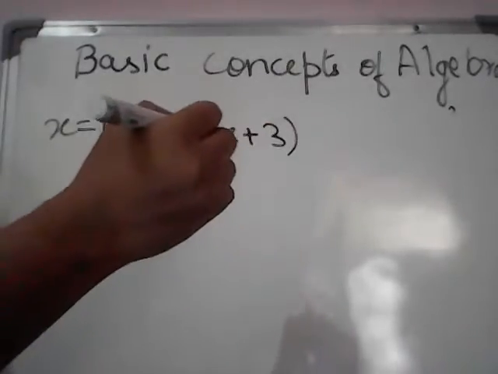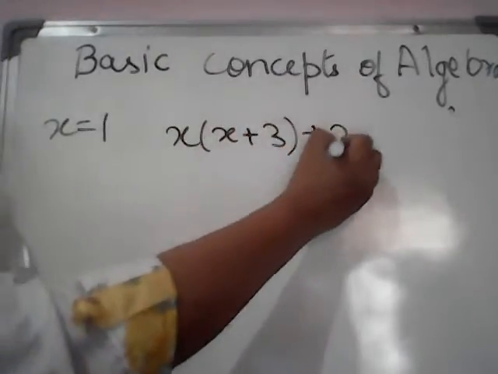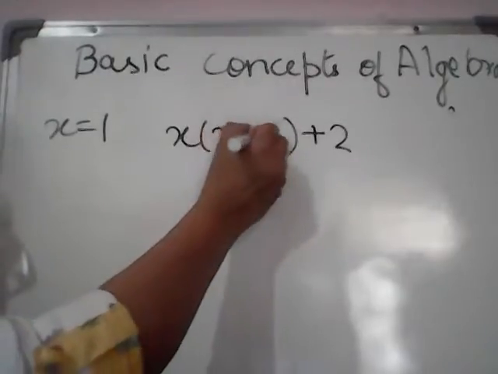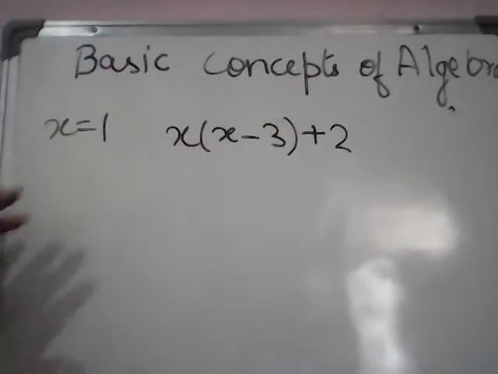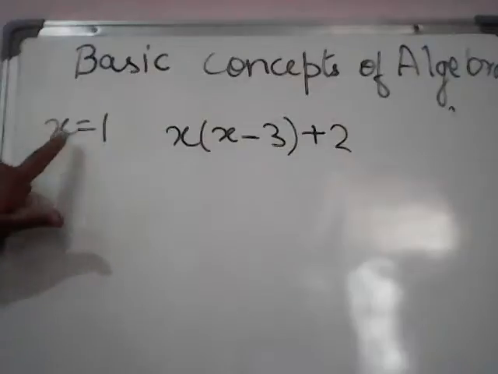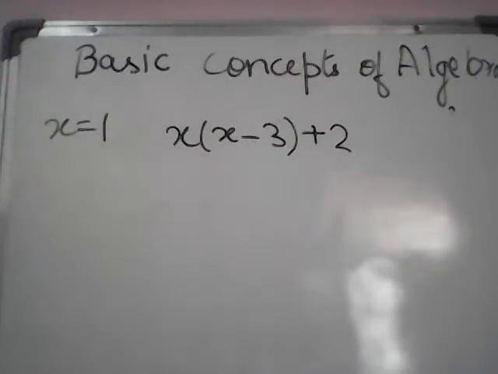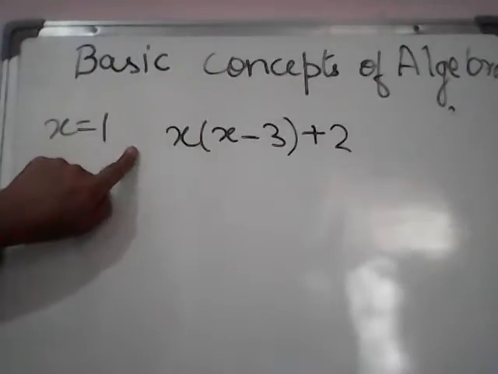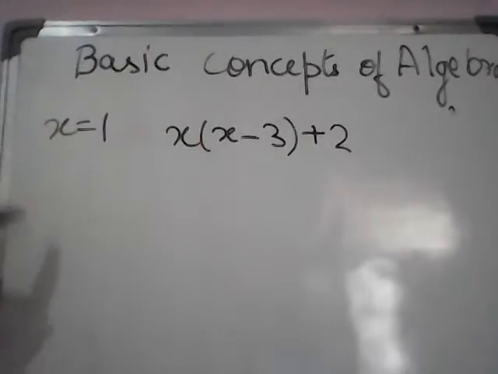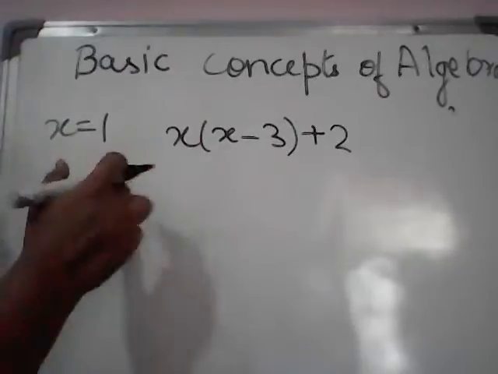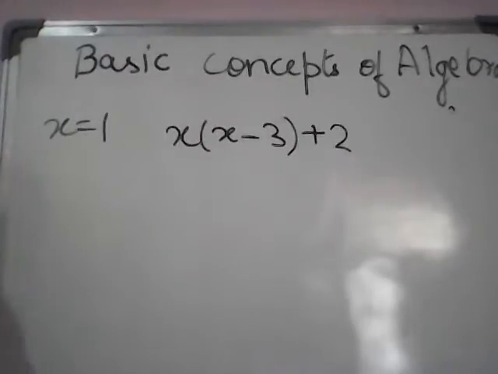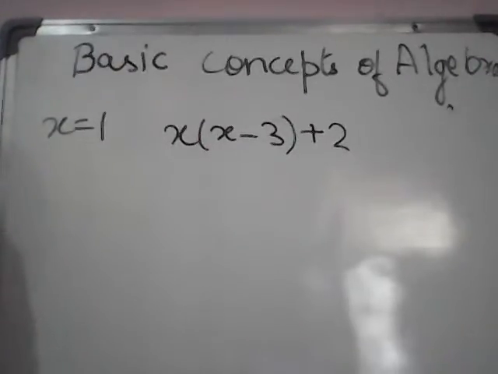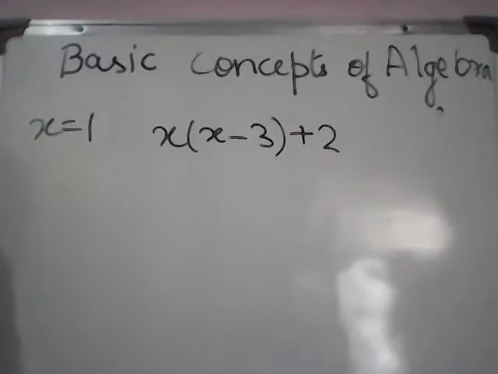We have to find the value of this expression. What will be the value of this expression when we put x is equal to 1? Okay, this is an expression, not an equation. Don't get confused between expression and equation. We are taking both topics together because the basic concepts of both are the same.